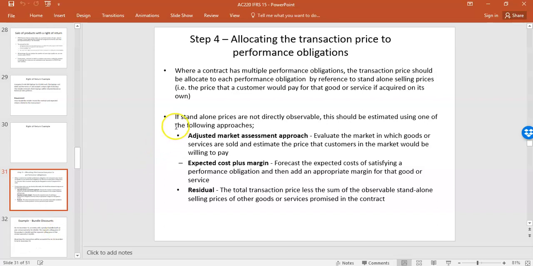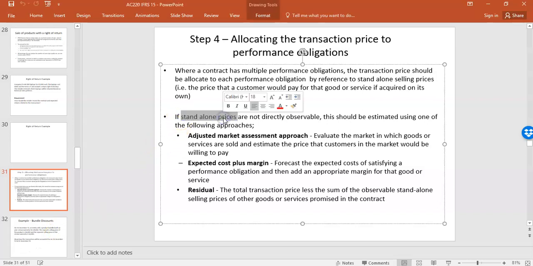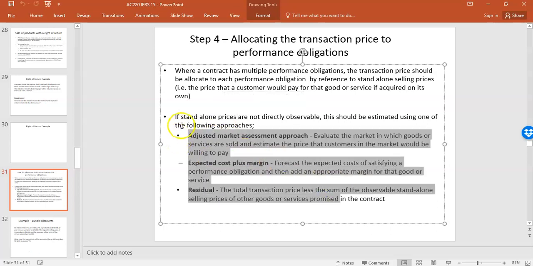And the usual one we look at in AF2 is you use their standalone prices. Well, how much could you buy the handset for as a standalone product? How much could you buy the SIM-only plan for the 12-month contract as a standalone price? And then you look at their relative size in the overall bundle deal. There are other alternative ways if you don't have standalone prices, but for AF2 and AC220, we'll just be concerned about standalone prices.